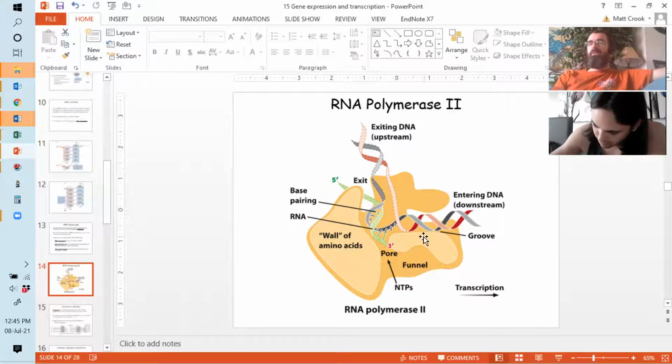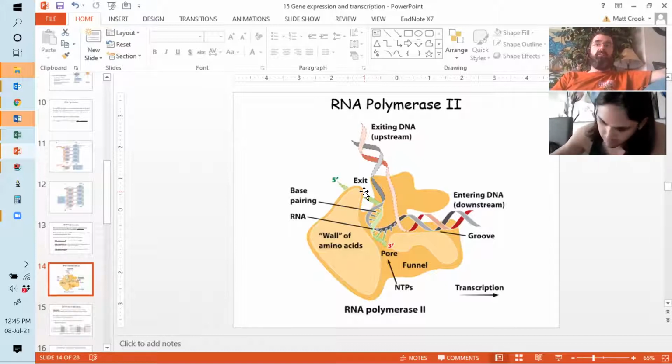And this RNA polymerase will process along the DNA, like a little motor. And it will keep that bubble open with it as it goes along. So the bubble doesn't stay open. As soon as the DNA exits the RNA polymerase and is free to move around, it will twist and close back up again.